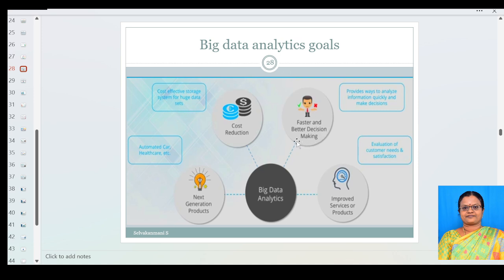And then faster and better decision making, that is, it provides a way to analyze the information at a faster rate. And then it provides improvement in services as well as the product, that is, evaluation of the customer needs is identified at a faster rate, and their satisfaction is also gathered. So these are some of the big data analytic goals.